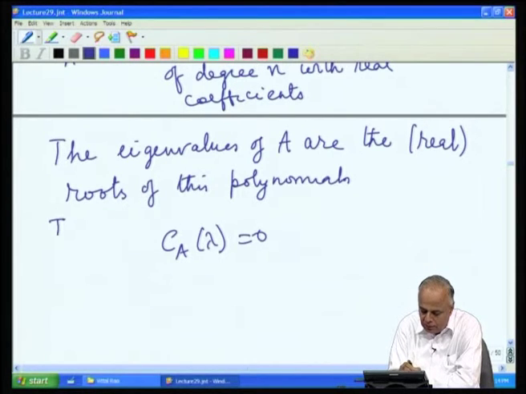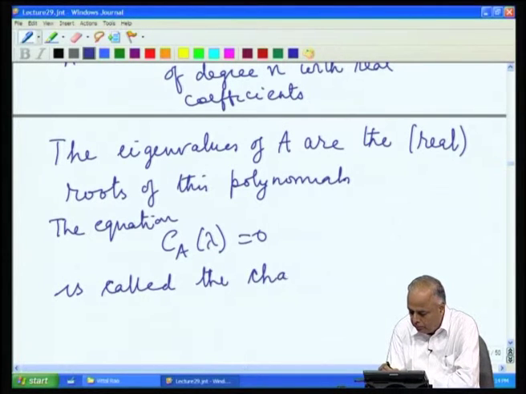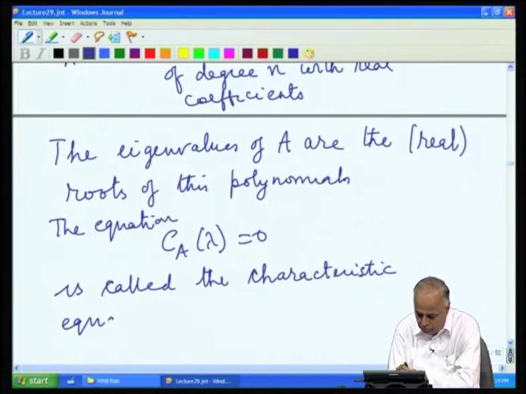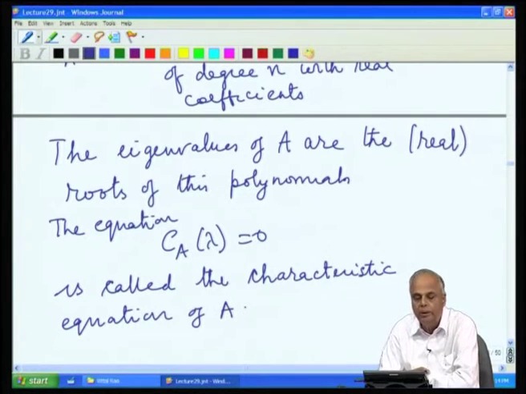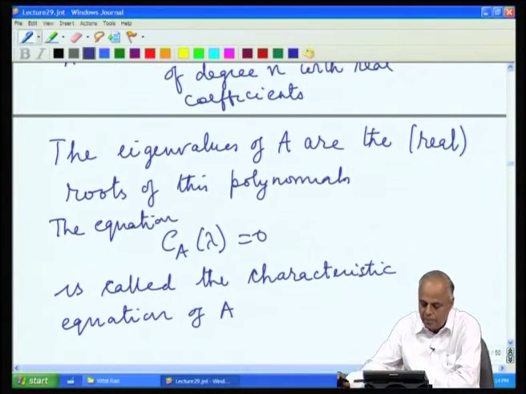This equation is called the characteristic equation of A. We are interested in the roots or the solutions of the characteristic equation, because these are the eigenvalues of the matrix A.